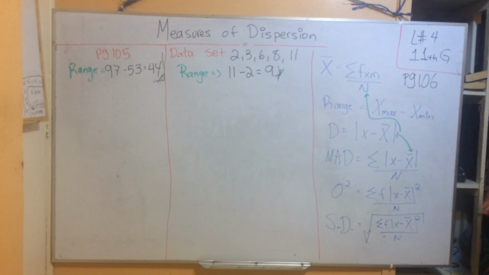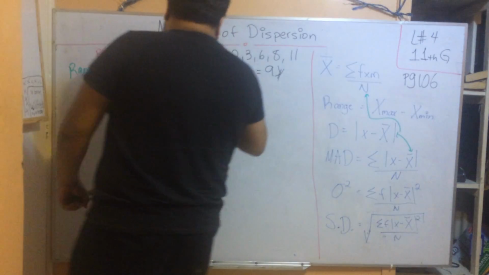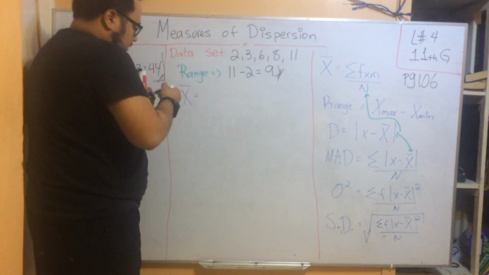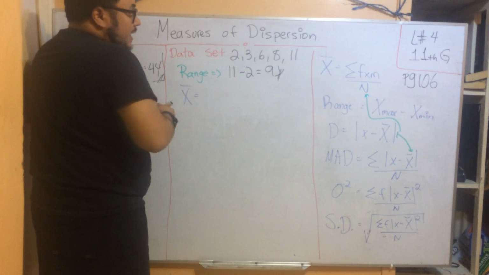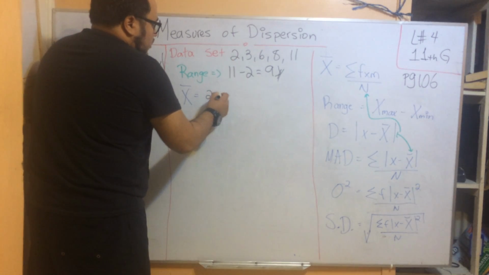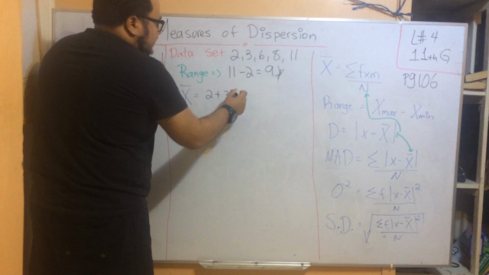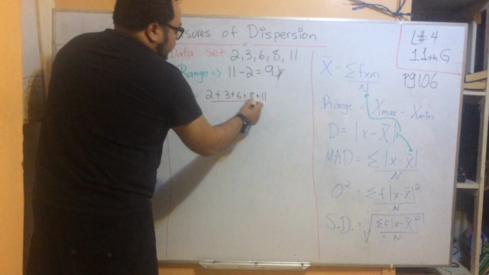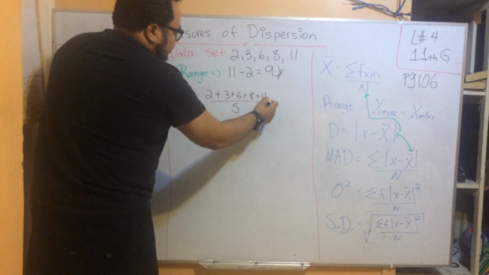That means we're going to add the data and divide it by the number of data that we actually have. Let's work on this one first. We're looking for the mean, and we get it by adding the numbers that we have as data and dividing by the number of data itself.